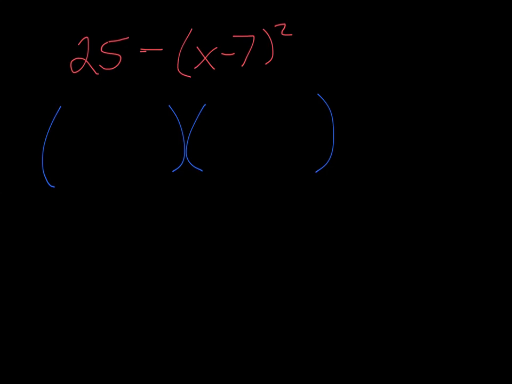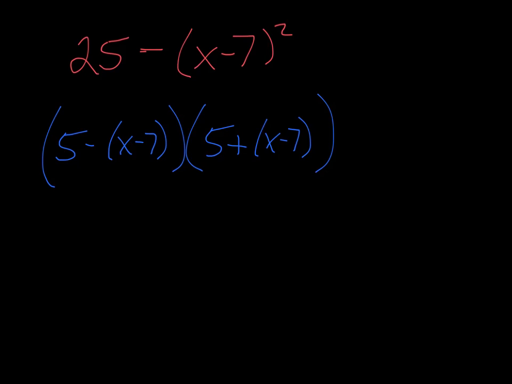So when we take the square root of 25, we get 5. When we take the square root of the quantity x minus 7 squared, we're just left with x minus 7. One gets a plus and one gets a minus. Now again, we can simplify a little bit because we do have like terms in here. But you definitely have to be careful about the subtraction sign. So it's always better to write out more steps than less steps.